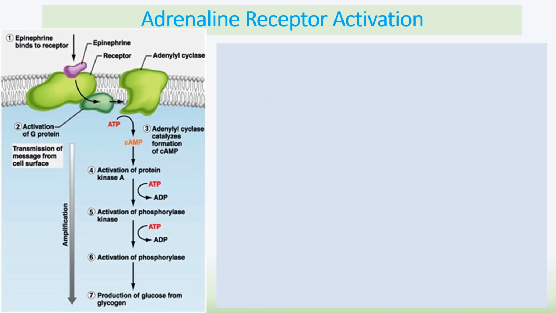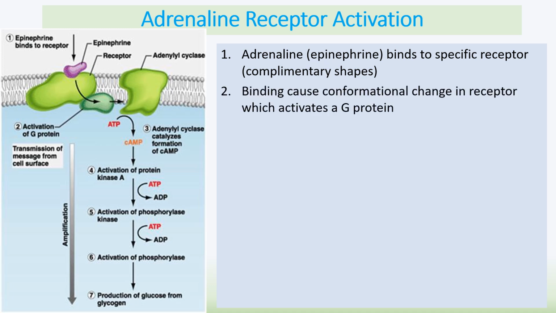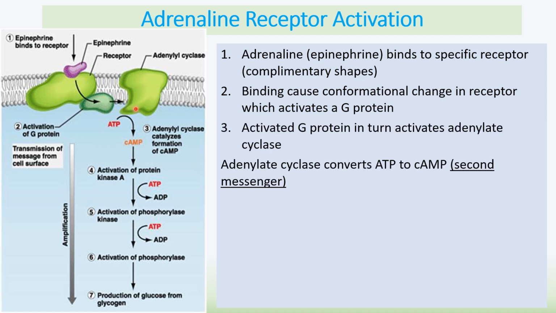So let's look at it in more detail. How does it actually activate the enzyme? So adrenaline binds to the specific receptor site because it's got a specific complementary shape. Here you can see the protein is the receptor. This activates an enzyme called a G protein. The G protein then activates the enzyme adenyl cyclase.